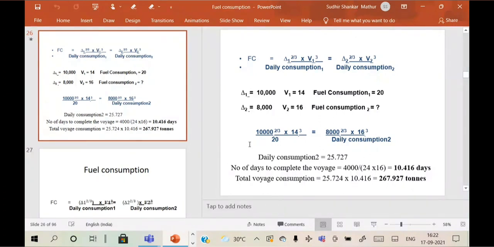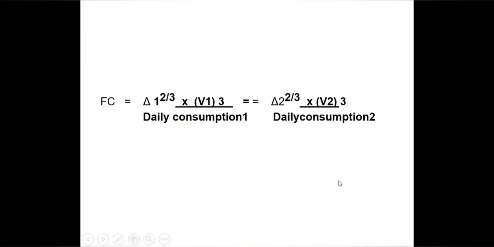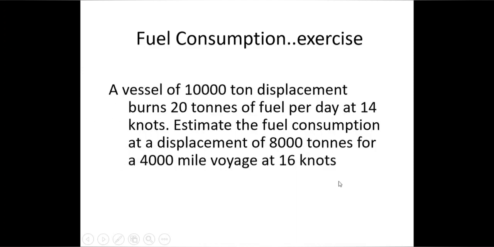So this can be done in two ways. One is using the voyage consumption formula. You can use it and you will also get the same answer. Let us see how you can use it. Daily consumption you have already used. If I use the voyage consumption formula, what is it?